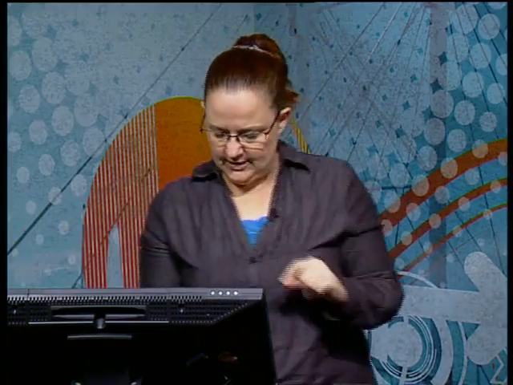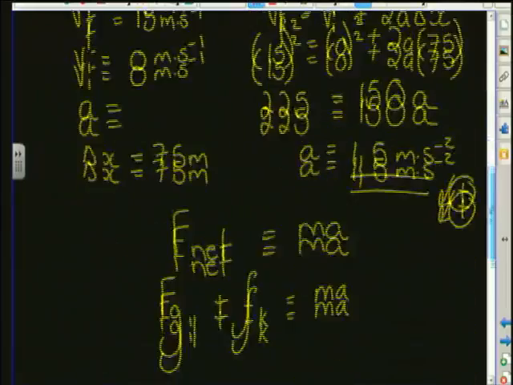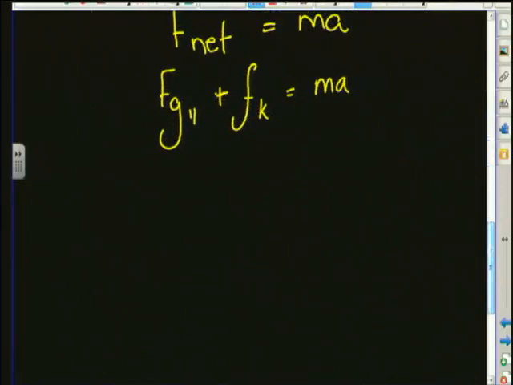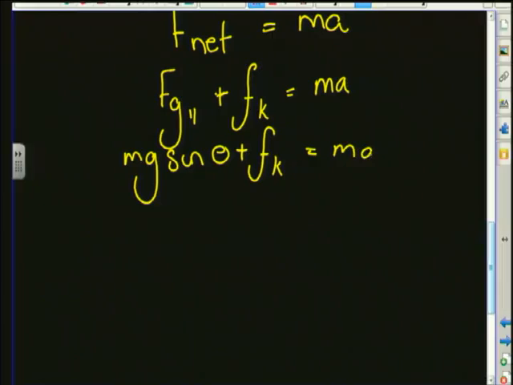FG, we said earlier that, remember, we put it on the diagram over here. It's FG sine theta. FG sine theta means it's mg sine theta, okay, plus my friction equals MA. Guys, all of this part, that's your science. The rest of this is straight substitution.